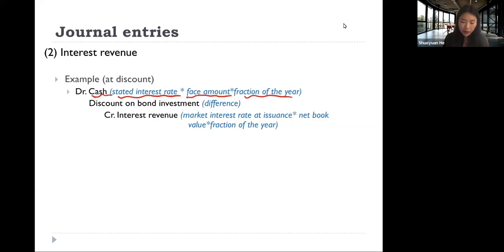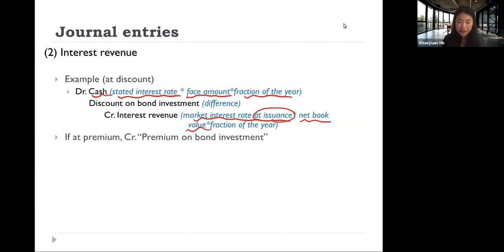And then we need to record this interest to us, that is interest revenue. However, interest revenue does not necessarily need to be equal to the cash interest we receive. The interest revenue is calculated as net book value of our bond investment multiplied by the market interest rate at issuance, and then multiplied by the fraction of the year. So if it is paid out quarterly, that is 1/4.